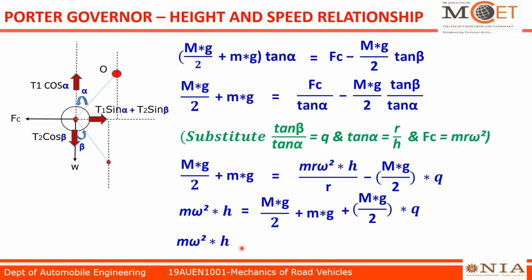Again if you resolve this, we get small mg plus, taking mg by 2 and mg by 2 as a common term, we get mg by 2 into (1 plus q). We just resolve this term like this.